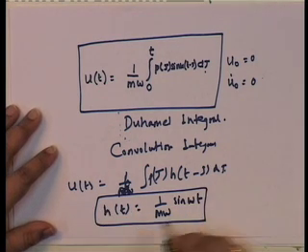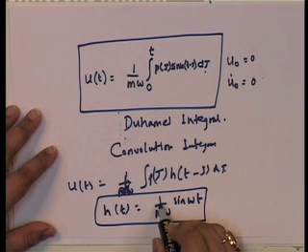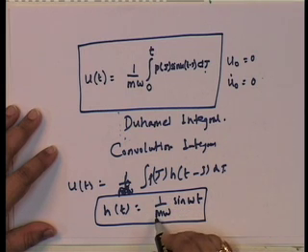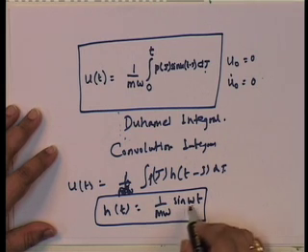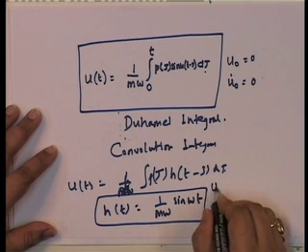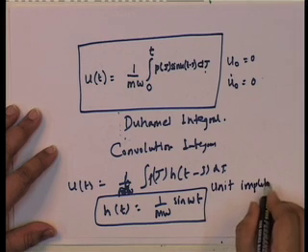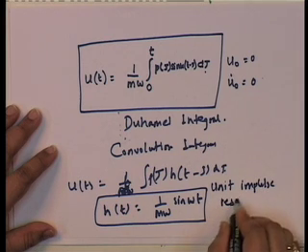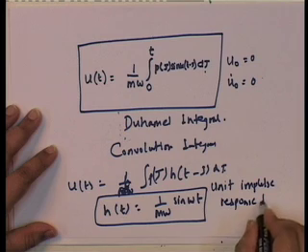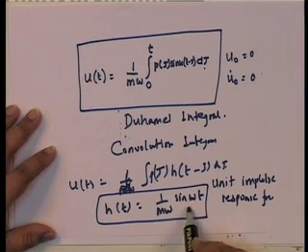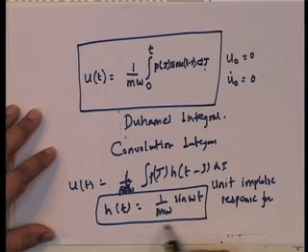This h of t, let us look at this. Remember 1 upon m omega into sine omega t. This is known as the unit impulse response function. And look at this, this is purely a function of m and omega, the dynamic characteristics.